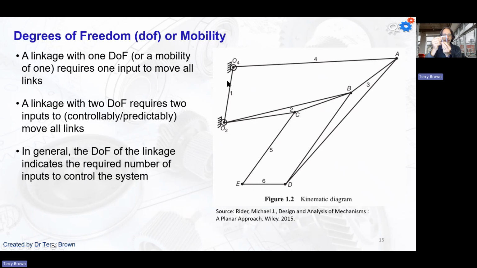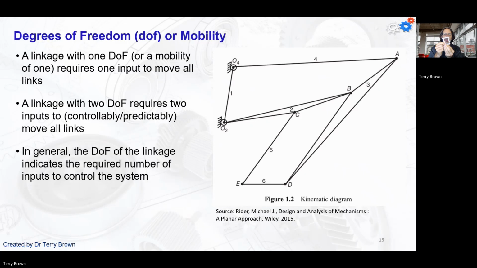So when we put all of our links together, like I've got here in my little 4-bar mechanism, in order to make all of those links move in a predictable way, I only need to put in one input. Right? Okay, so this 4-bar mechanism has a mobility of 1.